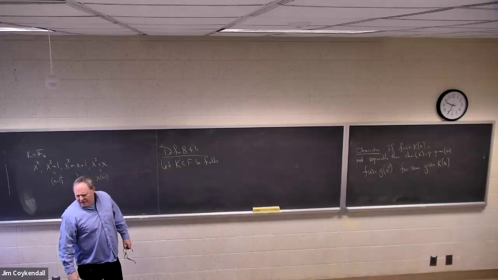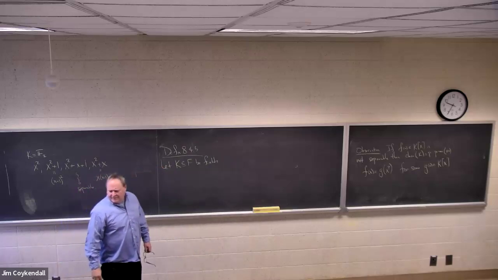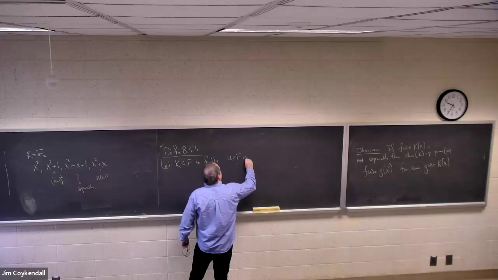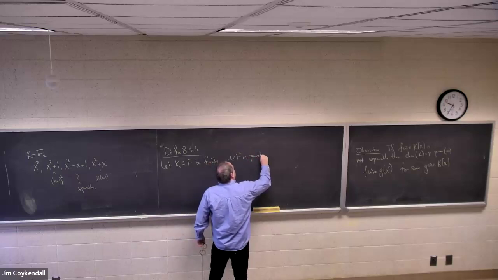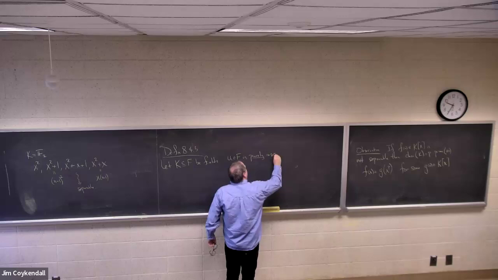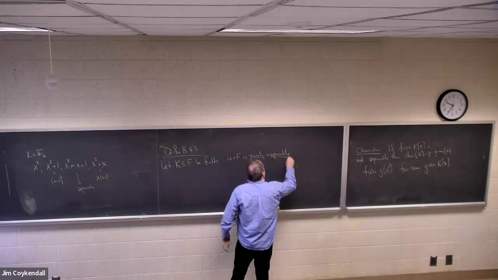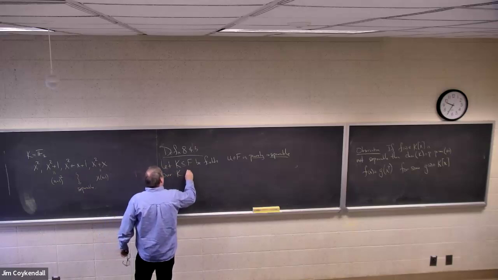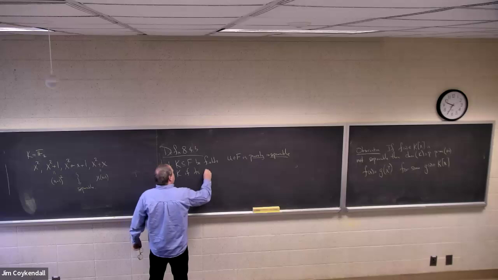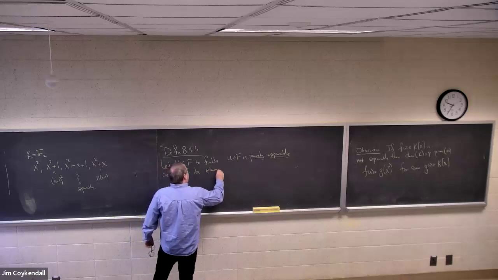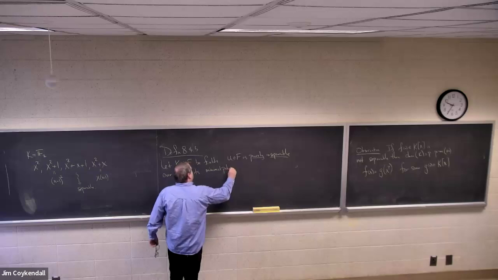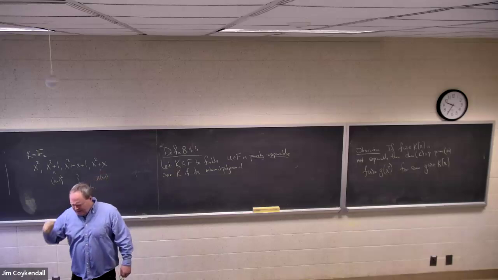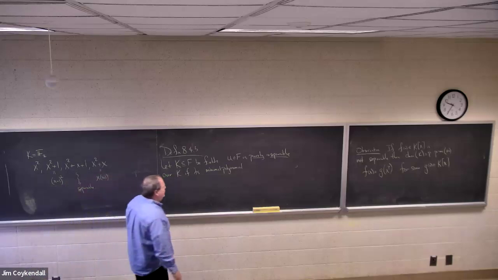An element u in F is purely inseparable over K if its minimal polynomial is of the form x minus u to some power.